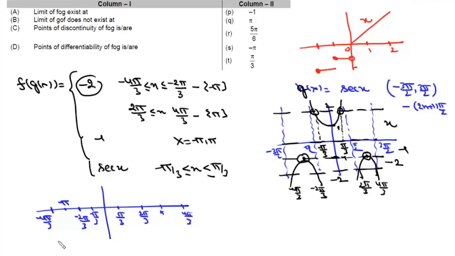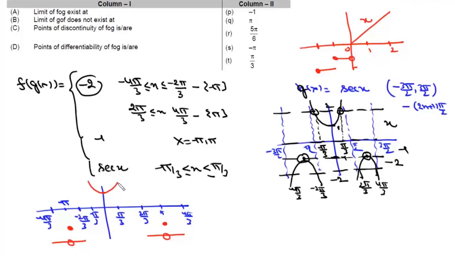Now in between minus 2 pi by 3 and 4 pi by 3, this value is minus 2, except at minus pi, where this is minus 1, and here also it is minus 2, except at pi, and in between minus pi by 3 and plus pi by 3, this is secant x. So it will be this value. Now the first question is, limit of f of g exists at which of the following points?